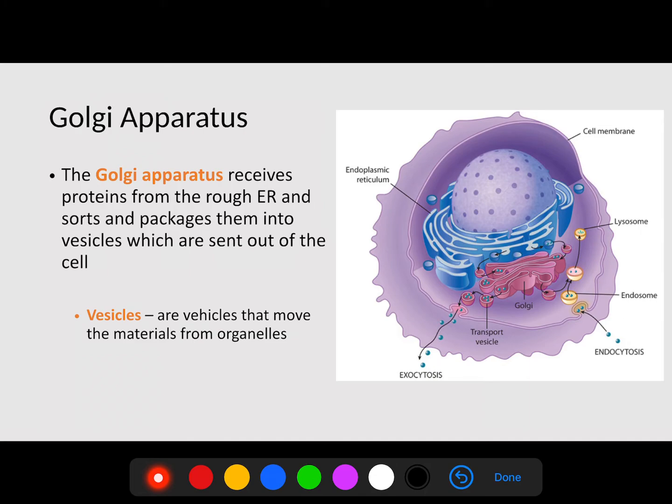Now that we've gone away from the endoplasmic reticulum, we have another structure that ships things called the Golgi apparatus. The Golgi apparatus ships things out of the cell. They send things out. The Golgi apparatus or Golgi bodies, you can see it either way, receives proteins from the rough endoplasmic reticulum and sorts and packages them into vesicles.